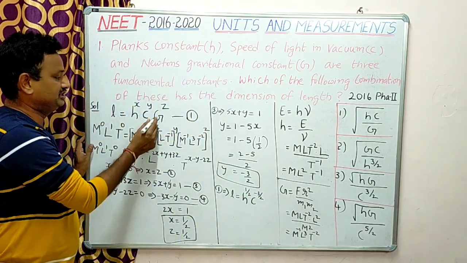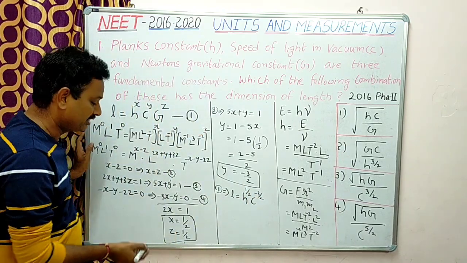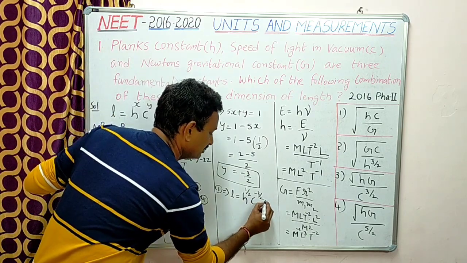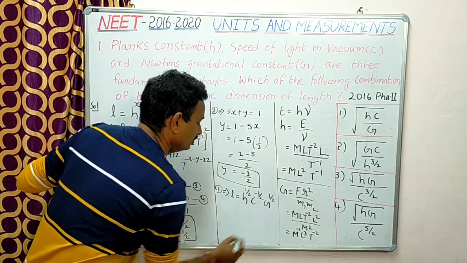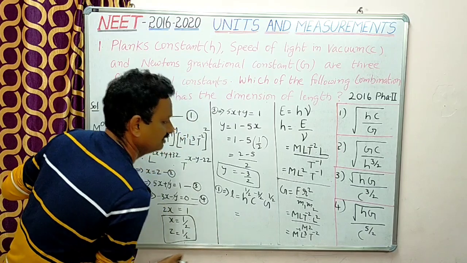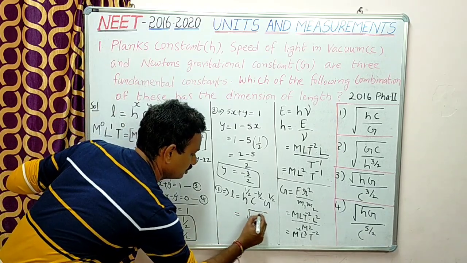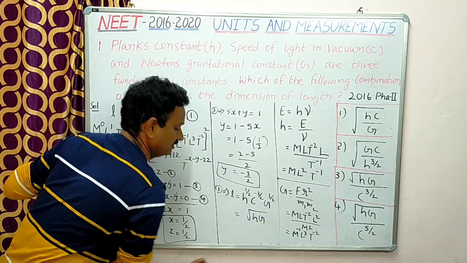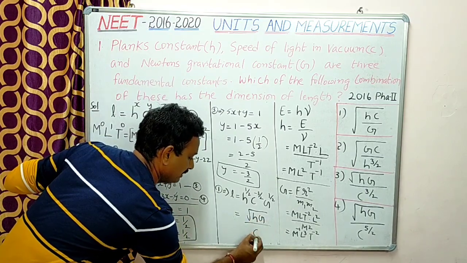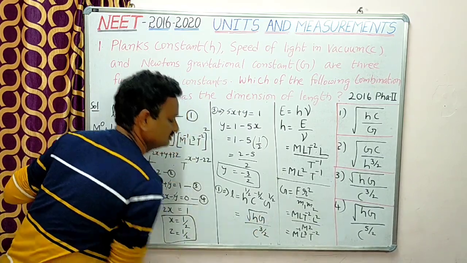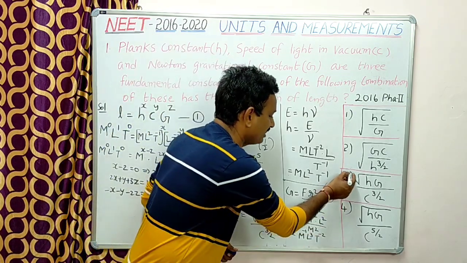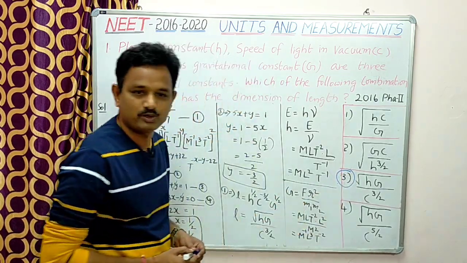Next g power z. For z you got 1 by 2. That is g power 1 by 2. So this one I will write as root over hg by c power 3 by 2. See, option 3 is the answer for this problem.